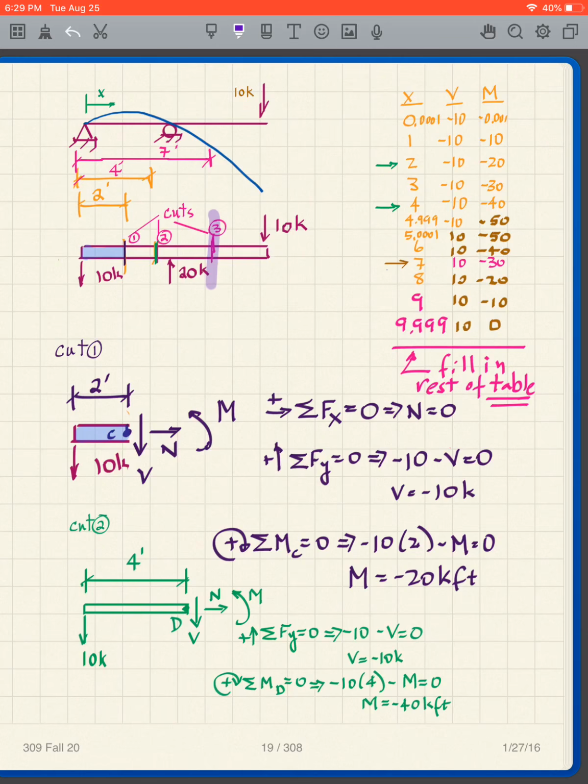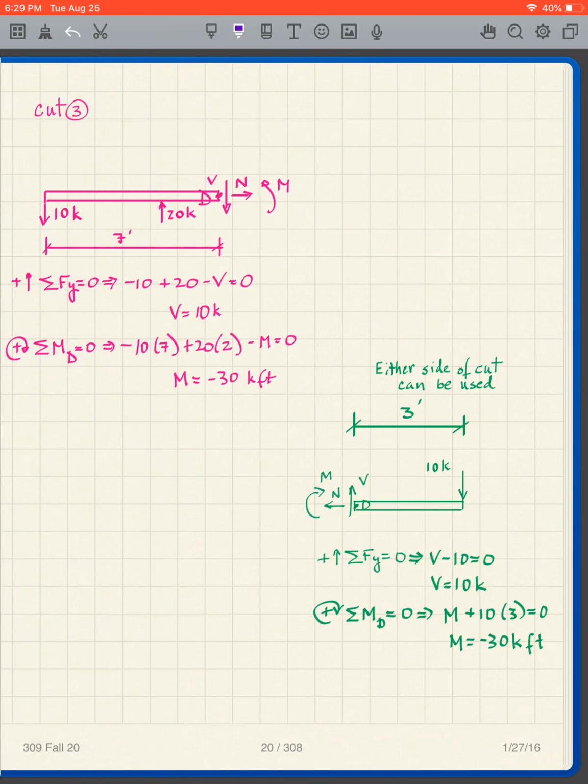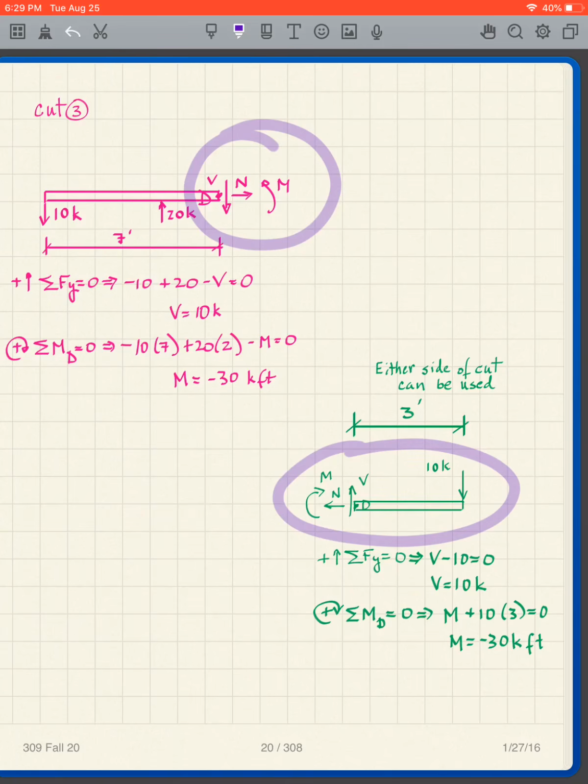That's fine as long as I'm consistent. Here we have letters and I set the directions, but if I'm going to do another free body diagram, I have to be consistent. They have to be consistent.